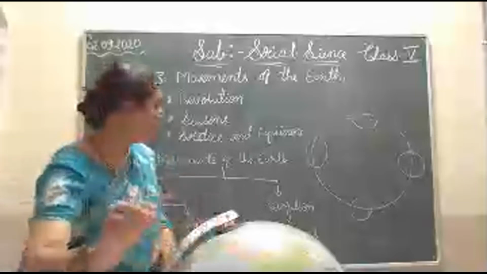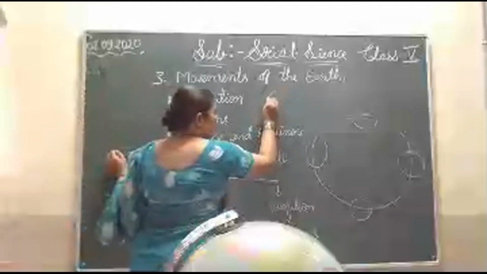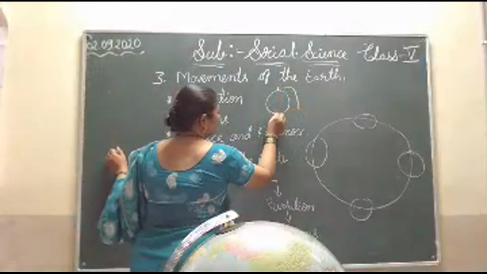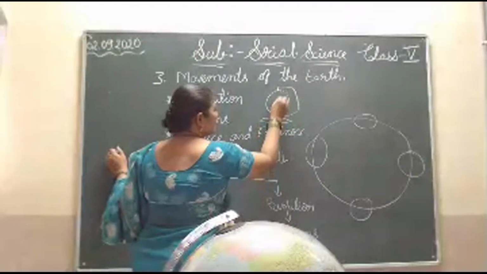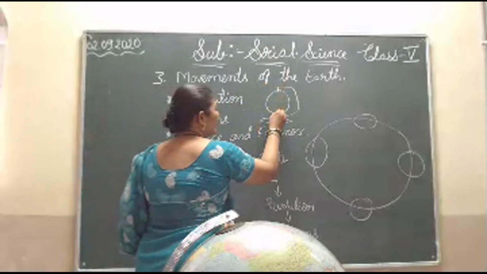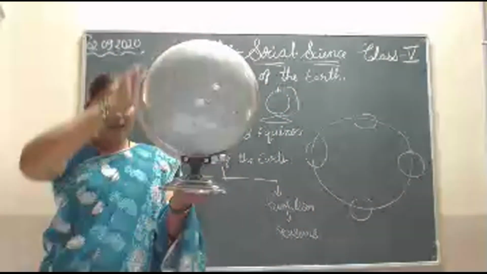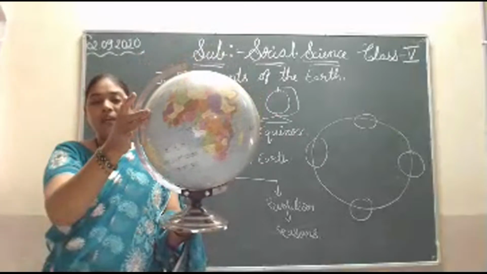I will show it again with one drawing. It is called the axis, here and here. It is not moving only on its axis slowly.